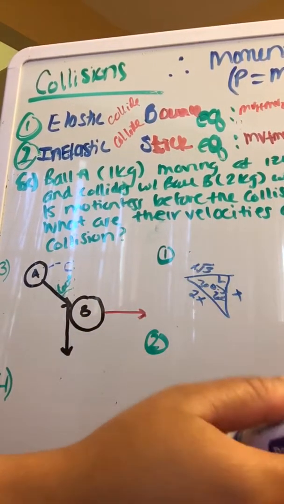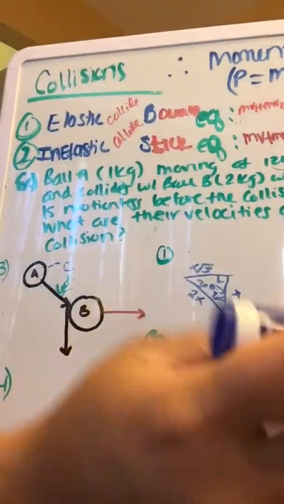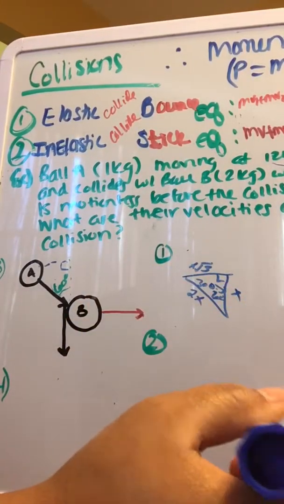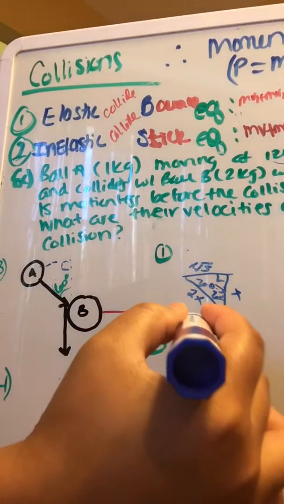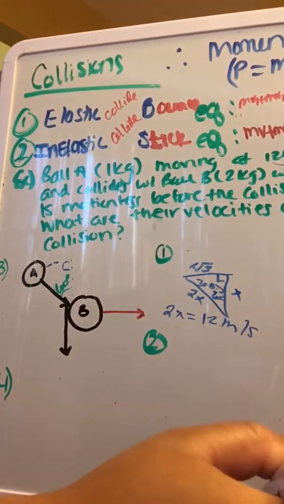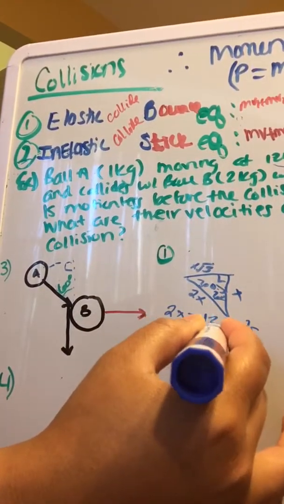So we know from the equation that our angular velocity is 12 meters per second. So our hypotenuse, which is 2x, we can say 2x equals 12 meters per second. And since we know that, we can say x equals 6.